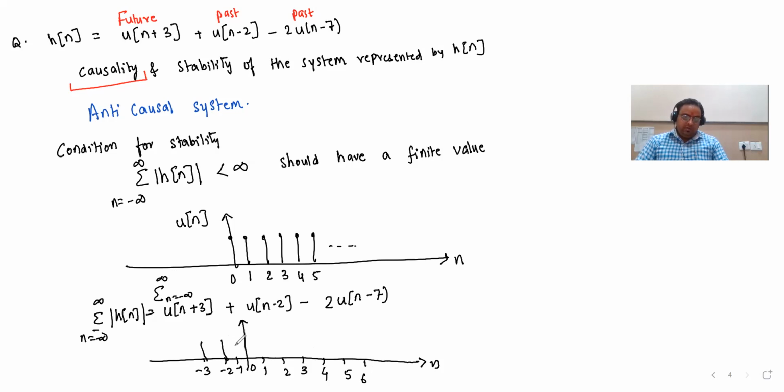Here we'll get these sample waveforms. Up to 1 they will have value 1.0.